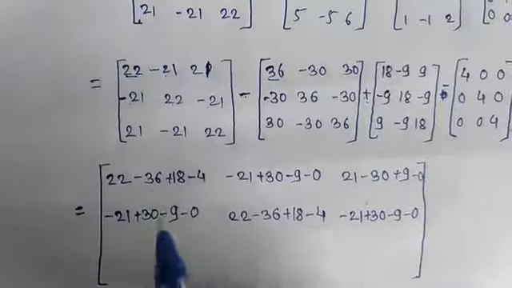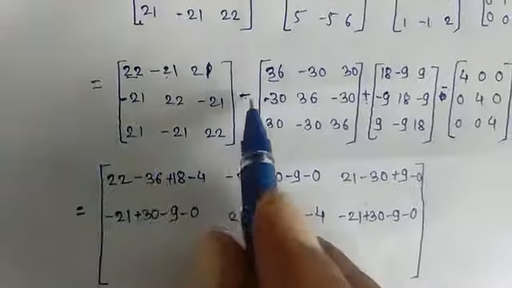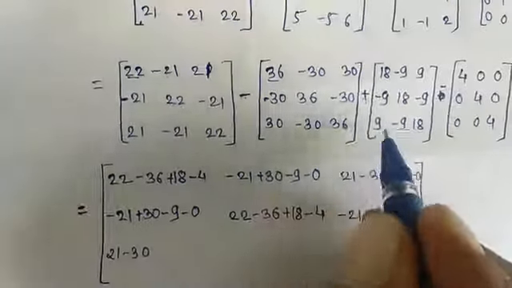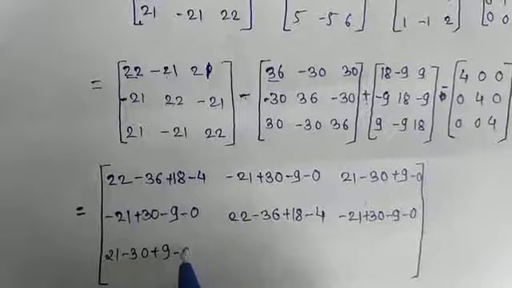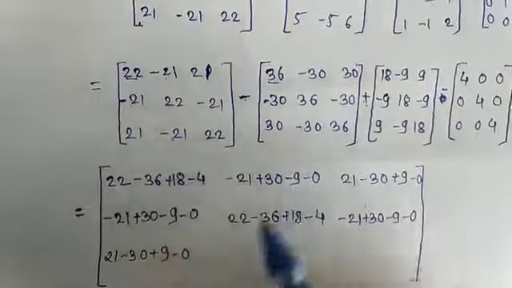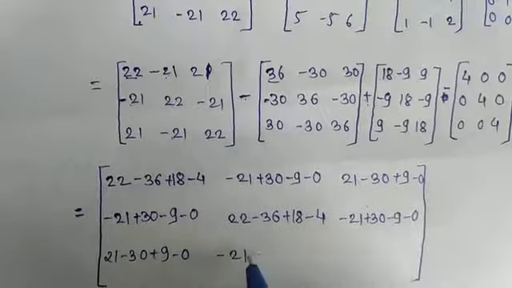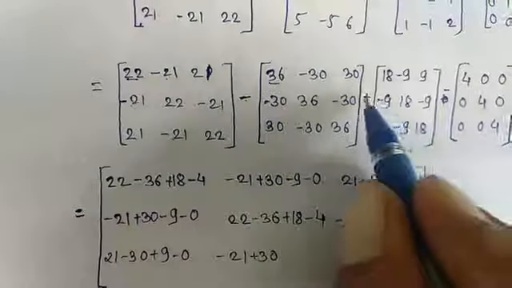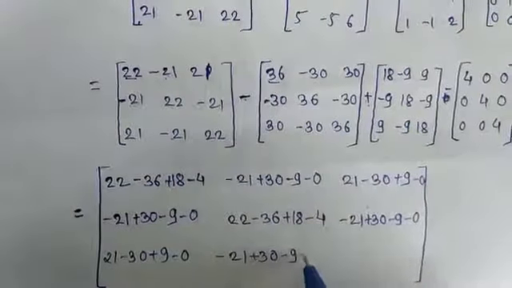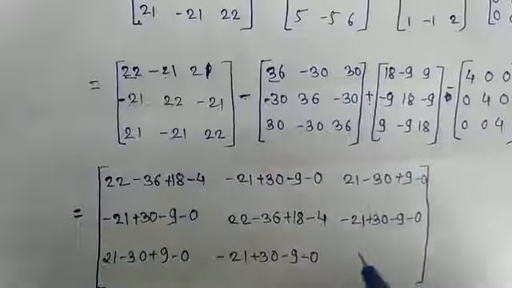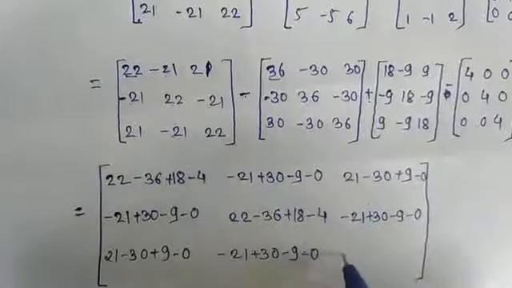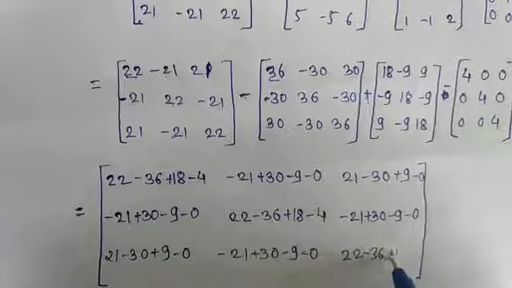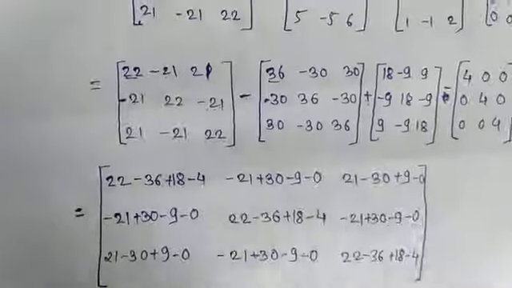Last row: 21 minus 30 plus 9 minus 0, minus 21 plus 30 is minus plus, and plus minus 9, and last 0, and for last it is 22 minus 36 plus 18 minus 4.